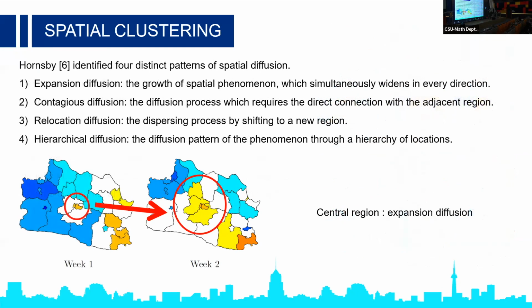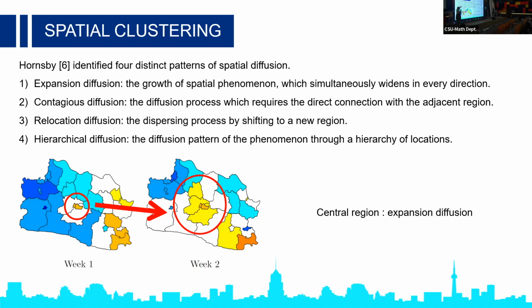And we have these transitions. For example, we rely on Hornsby, who identified 4 distinct patterns of spatial diffusion. The first, expansion diffusion, is the growth of a spatial phenomenon which simultaneously widens in every direction.